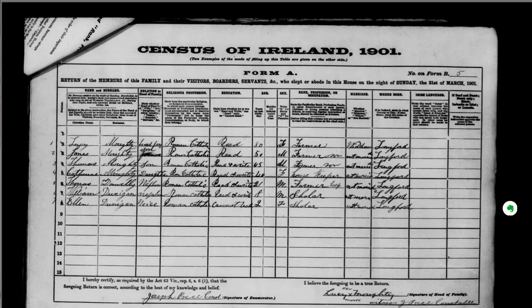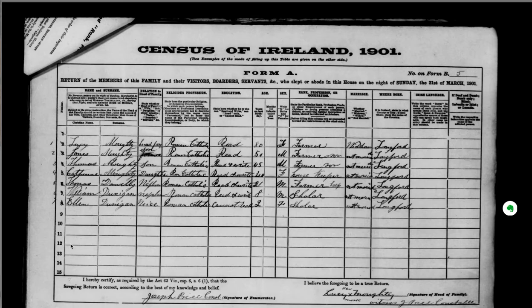Now, there is one page for every family. And in case you didn't know that, our 1890 census was done that way, the one that we lost. But both the 1911 and 1901 censuses in Ireland both have one page per family. So these were all of the people that were in the household on the 31st of March, 1901.